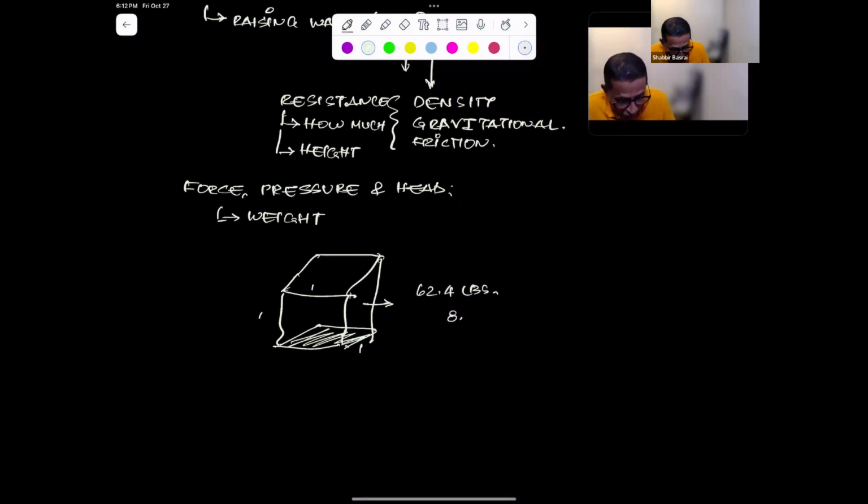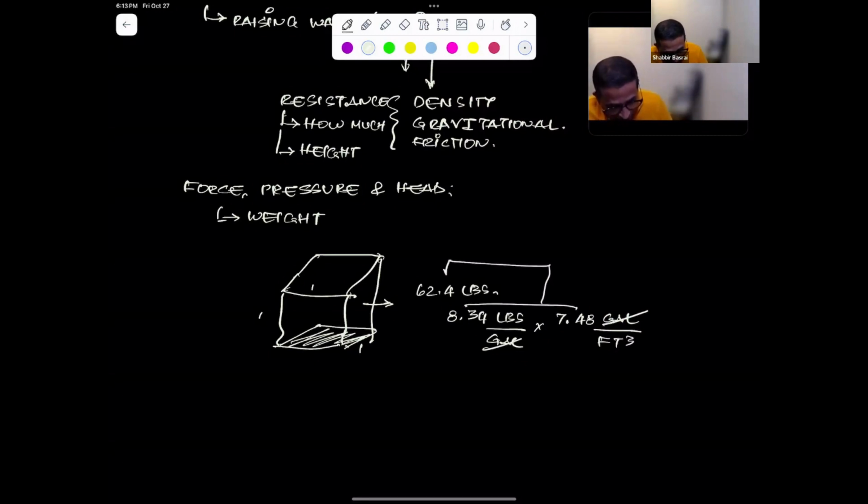Water weighs 8.34 pounds per gallon, right? That's something that we typically use. And then you have 7.48 gallons per cubic foot. So when you multiply this, you get 62.4 pounds, the weight of water per cubic foot.